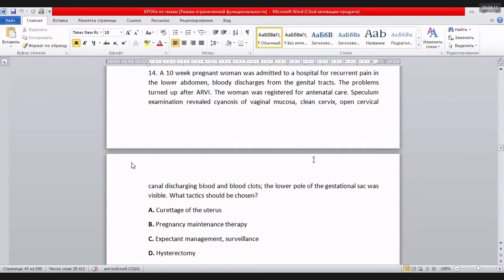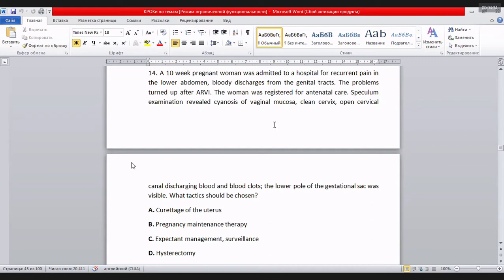The next, number 14. A 10-week pregnant woman was admitted to a hospital for recurrent pain in her lower abdomen and blood discharge from the genital tract. The problems turned up after a respiratory viral infection. The woman was registered for antenatal care.